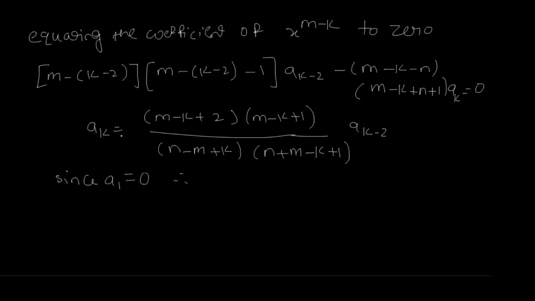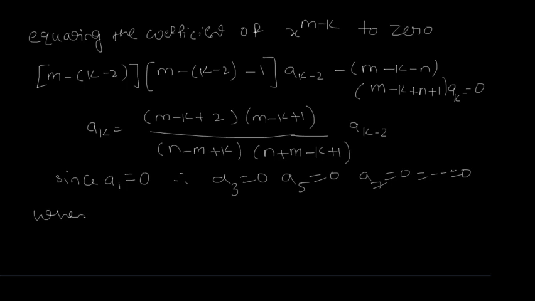Now as a1 is equal to 0, therefore a3 is also 0. Similarly for a5, when k is substituted as 5, a3 is already 0, so a5 also becomes 0. So all the odd terms a3, a5, a7 and so on are equal to 0.